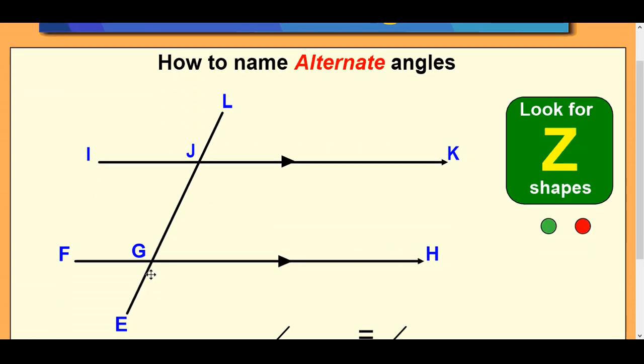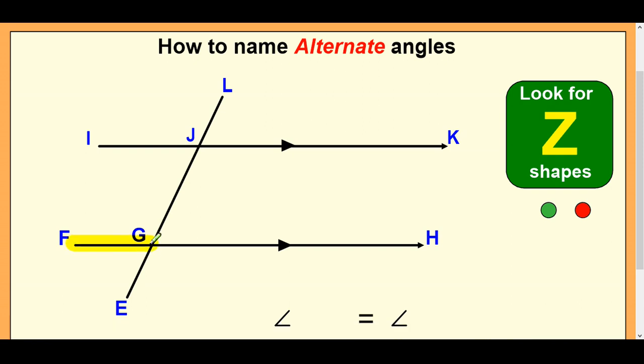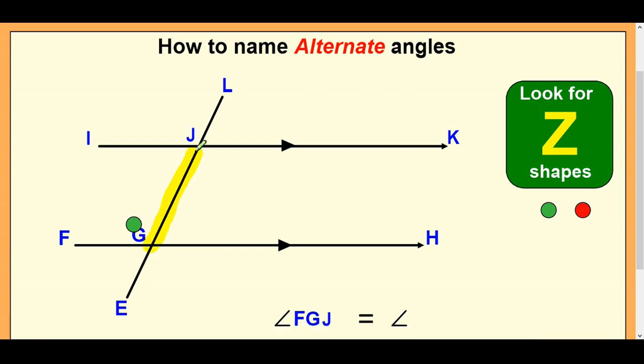Now, to name Z shapes, if we were to name this angle at G, for example, what we have to remember is an angle's got 3 letters, and the one at the vertex is the one in the middle. So this angle here would be called F, G, J, and that angle there would be the same as this, going from there to there, out to there, if you like.